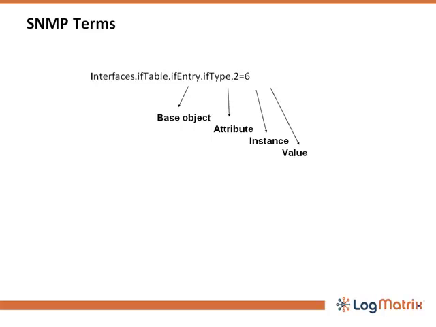And then the final is the value that is contained within that instance of the attribute. These are the 4 parts that NerveCenter relies on for nearly everything based on SNMP that it does. You have a base object, an attribute, an instance, and a value.